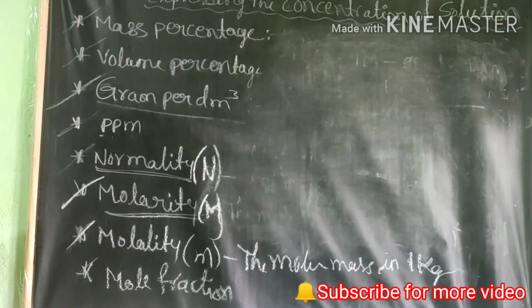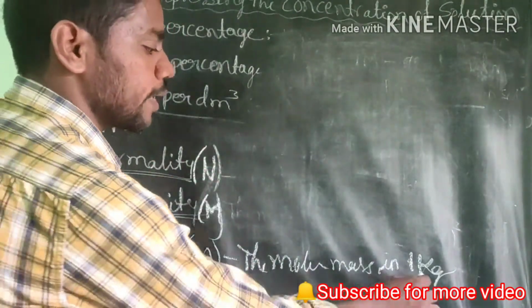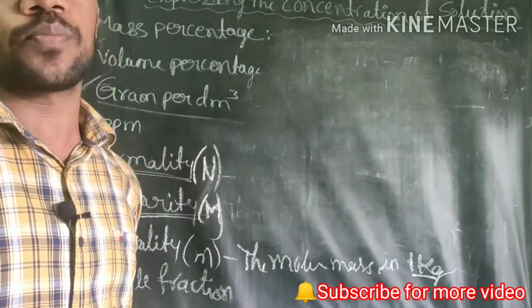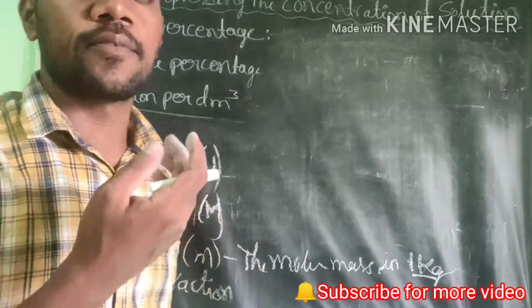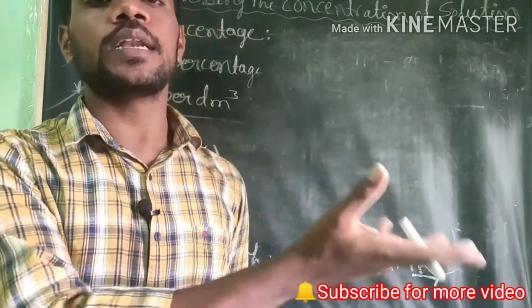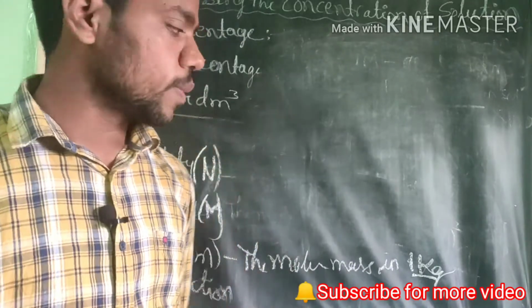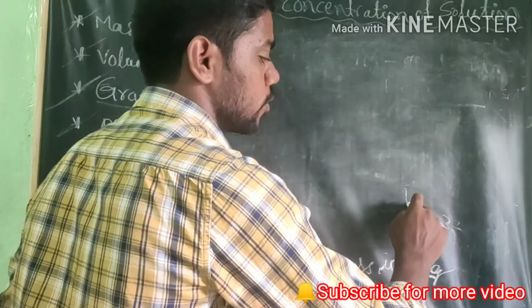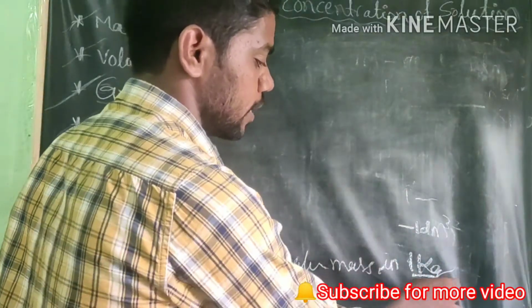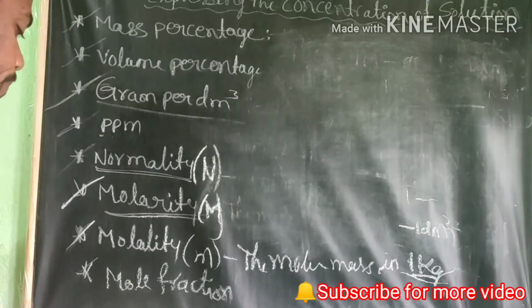See, until now we decided on 1 dm cube, but molality means 1 kg of solvent. For example, 5 grams of sodium chloride dissolved in 1 kg of anything else. Therefore, for normality and molarity we say dissolved in 1 dm cube, but here it is 1 kg of a solvent.